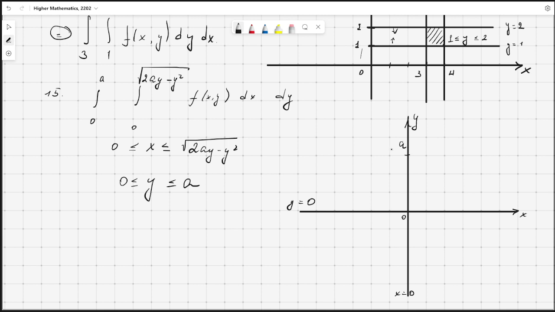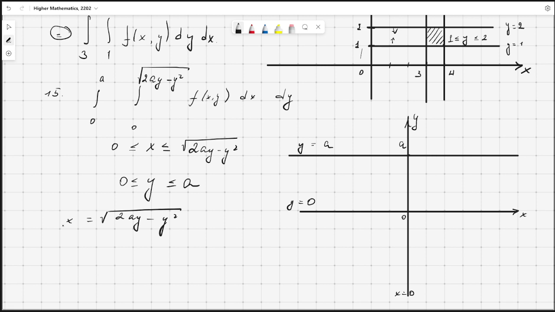Y is a. It is a horizontal line. And x is this root. X is square root of 2ay minus y squared.